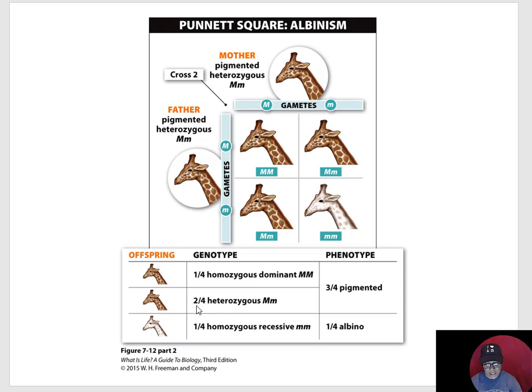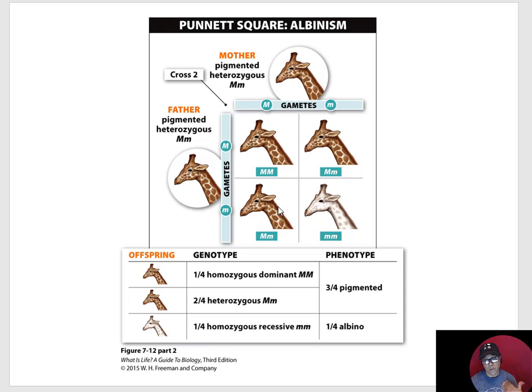Here we can see that 2/4 are going to be heterozygous. So 1, 2. So 2 of the 4 boxes, which is the same as 2/4, are heterozygous. And that is speaking of the genotype, right? I could also say the exact same thing in a different way. I could say 50% are heterozygous.